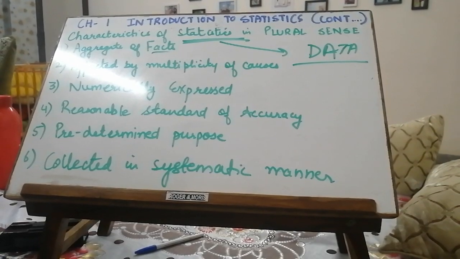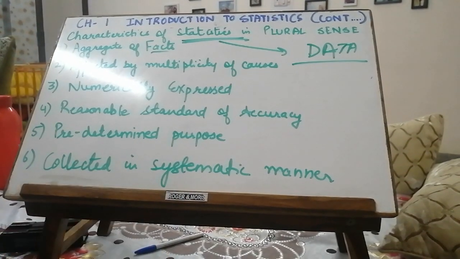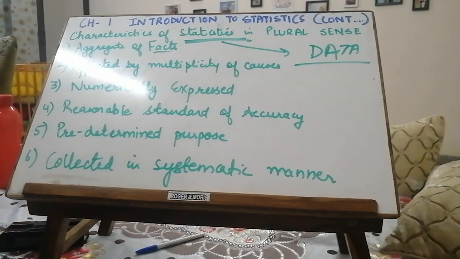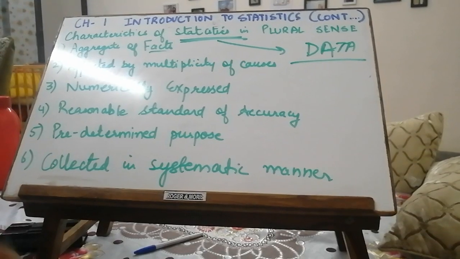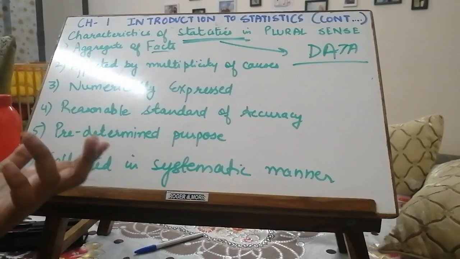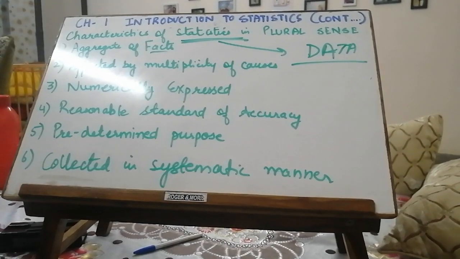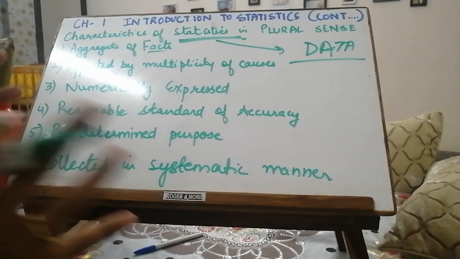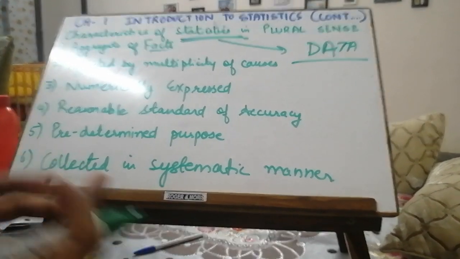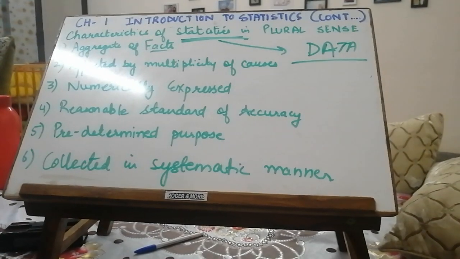These are qualitative things, and a statistical analysis cannot be done on them directly. They have to be converted into a number so that they can then be used in statistics. So the third characteristic of the data is that it is numerically, quantitatively expressed. Only then can a statistical analysis be done.